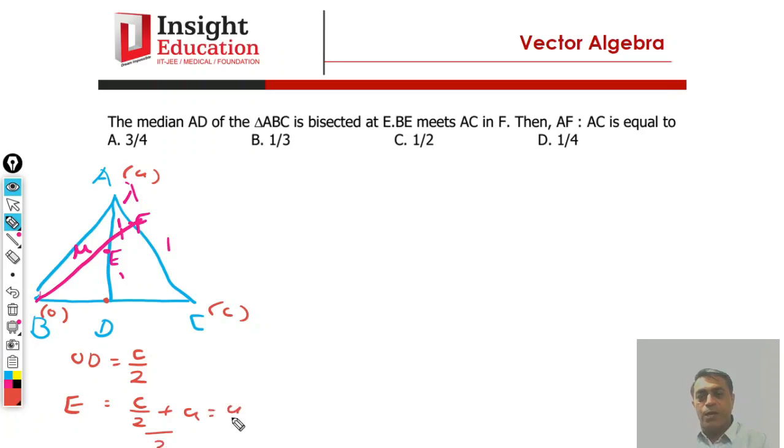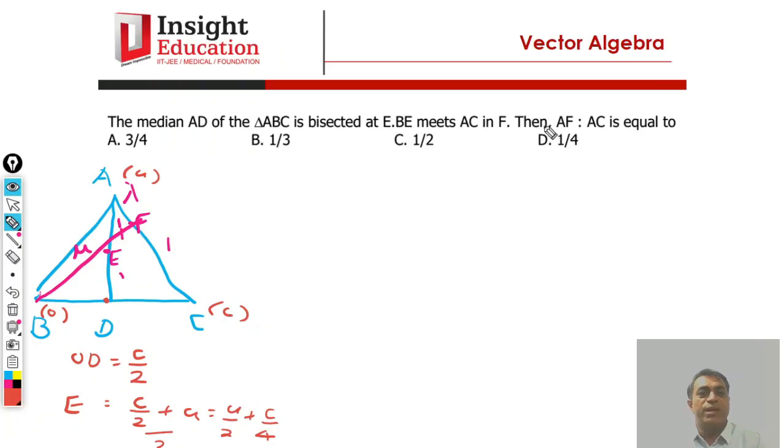So I can say A by 2 plus C by 4, because E is the midpoint of AD. So now you know position vector E.